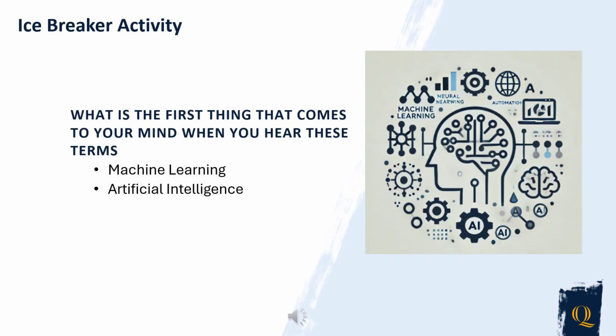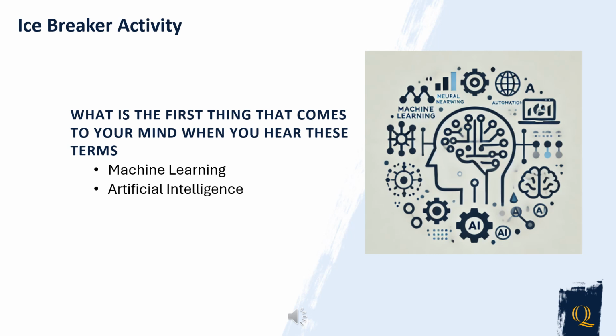An icebreaker activity that I like to do, especially if it's asynchronous or in class, but it doesn't matter whether you're listening to this or it's an online class. How about we engage in this one? Think about when you hear these two words, machine learning and artificial intelligence, what is the first thing that comes to your mind when you hear those?